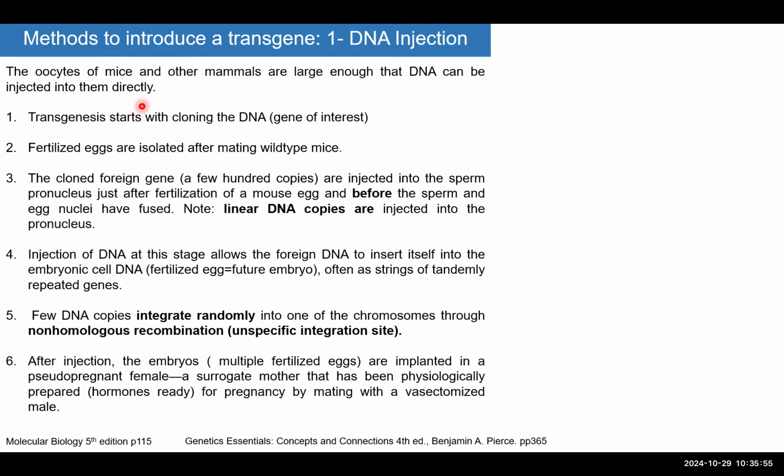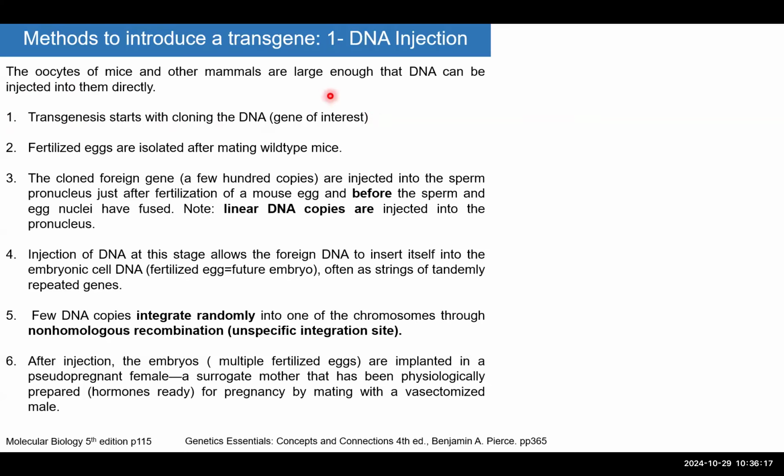Transgenesis, as I said, starts with the cloning of the gene of interest, whatever gene that is. So you have to learn about it, study it in vitro, know the sequences, know the cDNA, know if there are multiple transcript variants, and which transcript variant you would like to express. All that has to be done in vitro way before you decide to do a transgenesis.